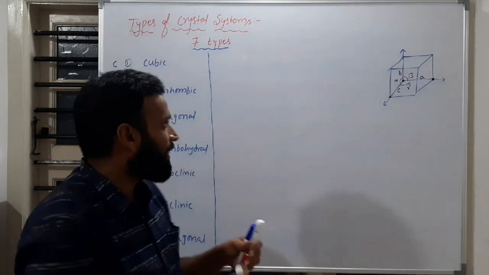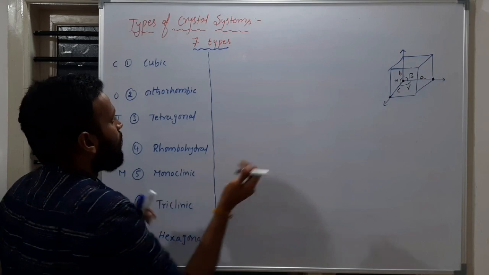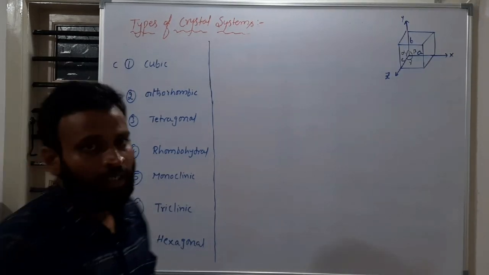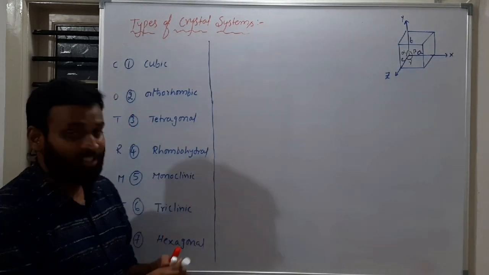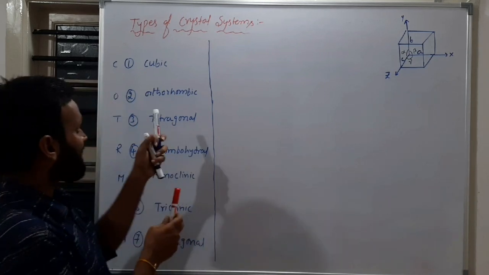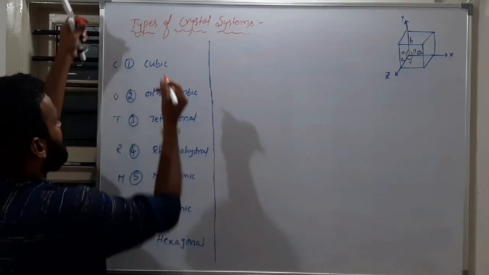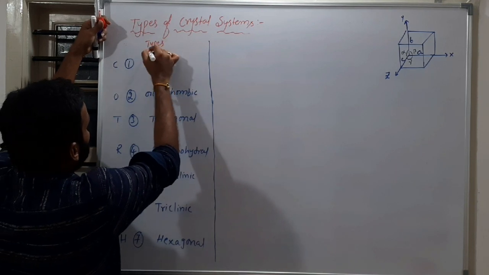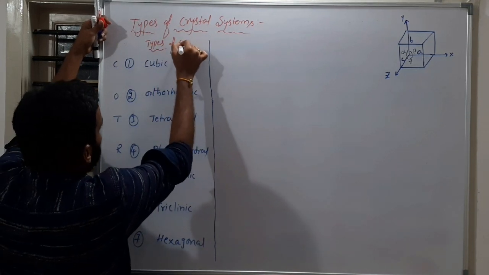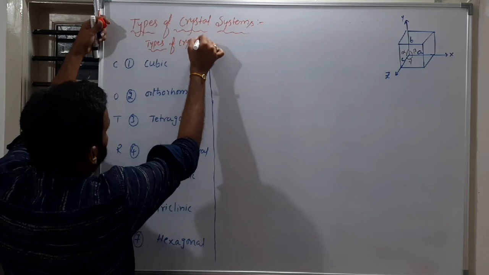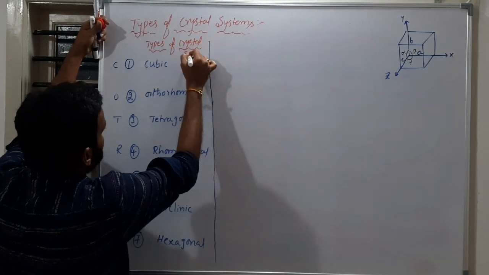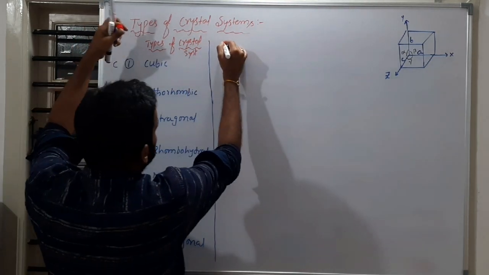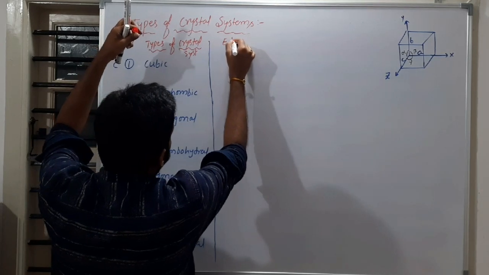So now I will give you one by one. Now let's see what are the edge lengths for the individual 7 types of crystal systems. So here you have types of crystal systems, and here you have edge lengths.